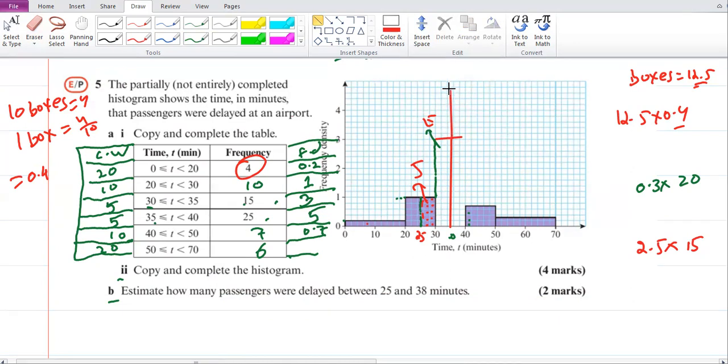Because from 35 till 38, now I have to calculate the number of boxes. This is 35, so 36, 38 will be here. Yes, this is 38. Calculate the number of boxes. Total are how many boxes?